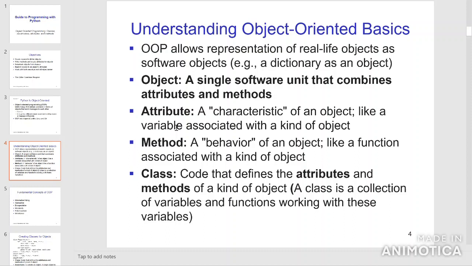A class is a collection of variables and functions working with these variables. We can say a class is a definition for a kind of thing. For example, human being is a definition, a general definition, but each individual person is an object.